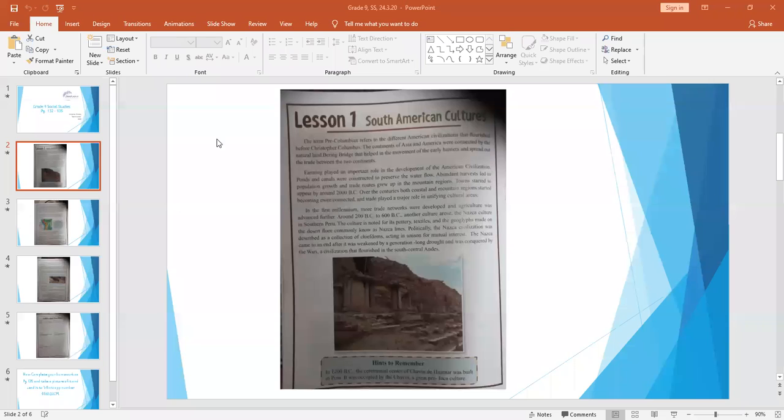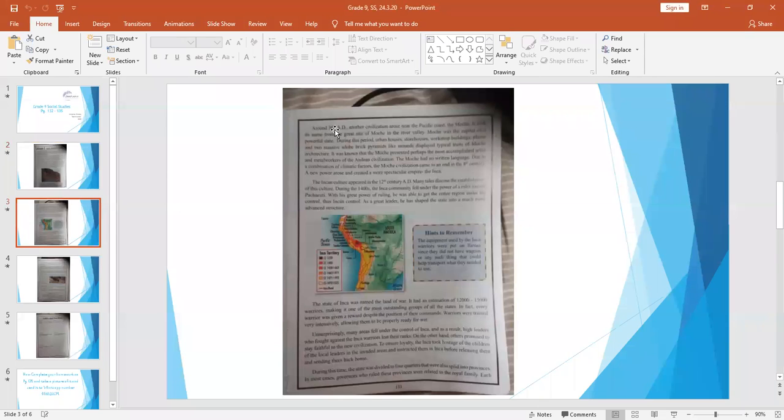So if we go to the next page, we're going to quickly read some of the information here. Around 300 AD, another civilization arose near the Pacific coast, the Moche. It took its name from the great site of Moche in the river valley. Moche was the capital of a powerful state.